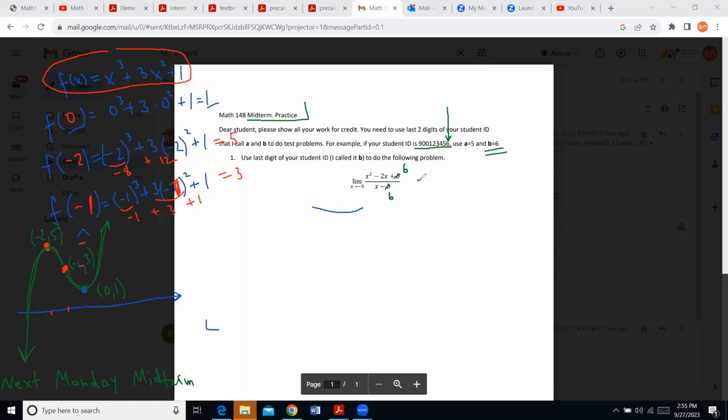Then you're going to end up solving the limit when x still approaches -5, but instead of B you should have the number 6. So just replace B with a 6 and see what comes out. The expression is x squared minus 2x plus 6, divided by x minus 6.